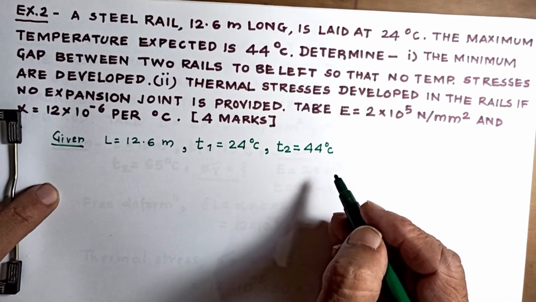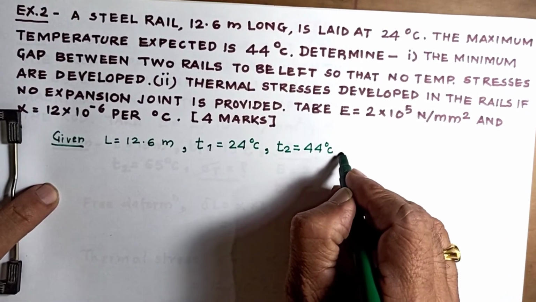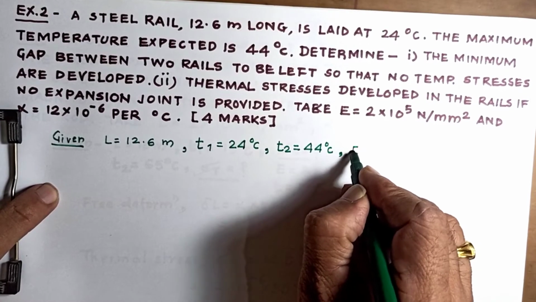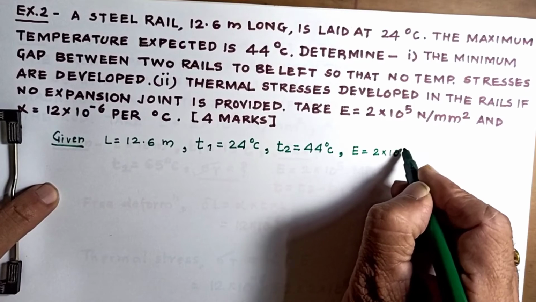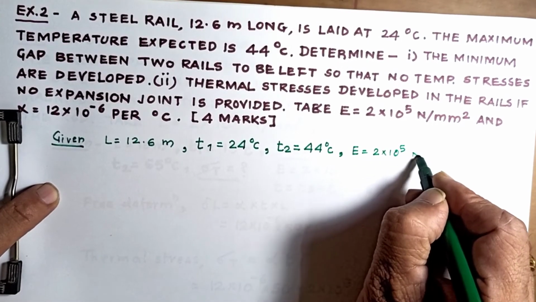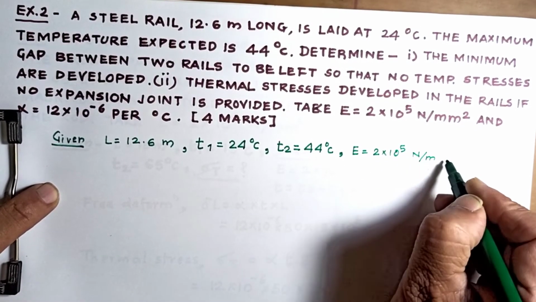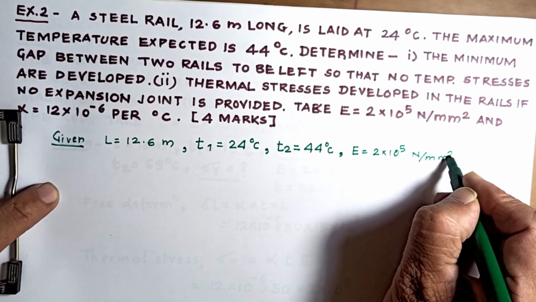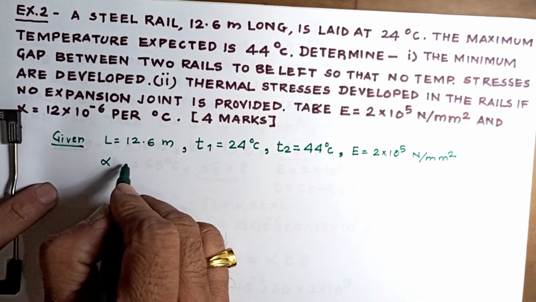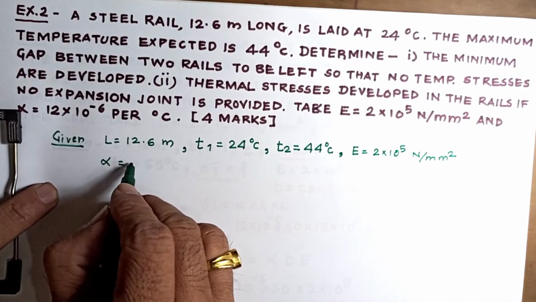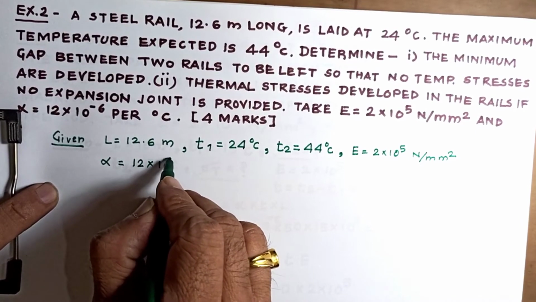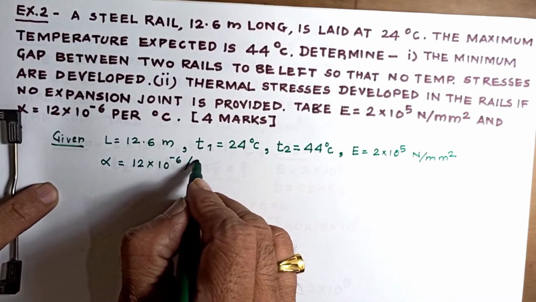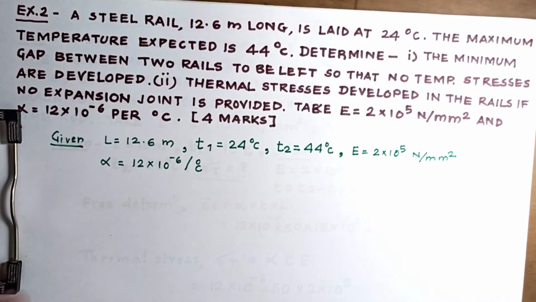Then E is given 2 into 10 to the power of 5 Newton per mm square as usual. And alpha is given thermal coefficient 12 into 10 to the power minus 6 per degree Celsius. Now what are the things required?